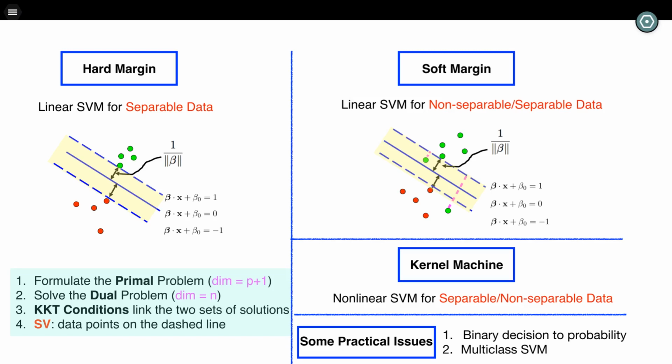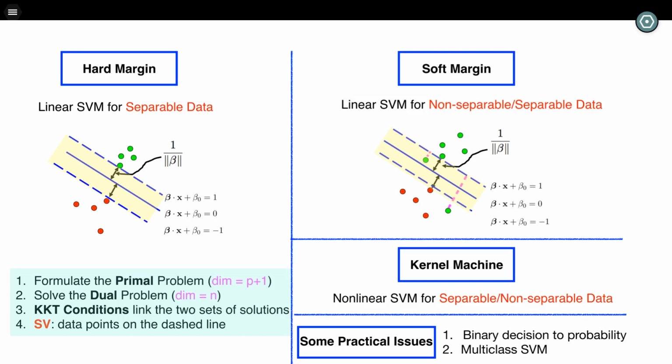By the way, once we solve SVM, once we solve beta and beta 0, which is the blue line, how do we do prediction when a new test data point comes in? We use this solid blue line to make our decision.